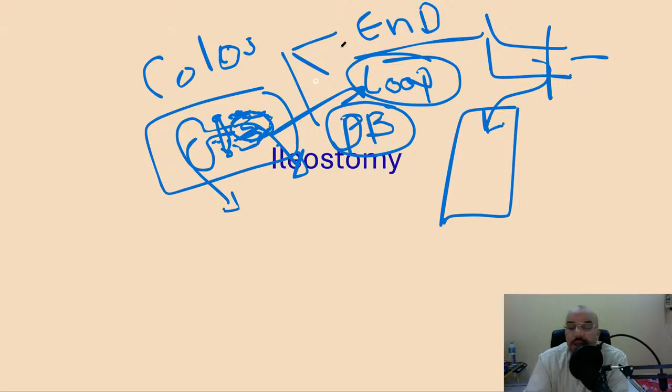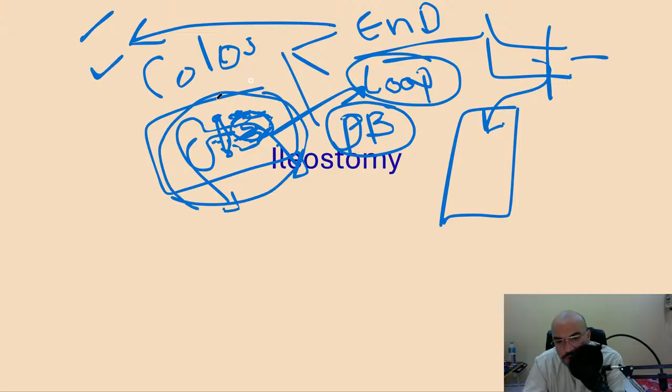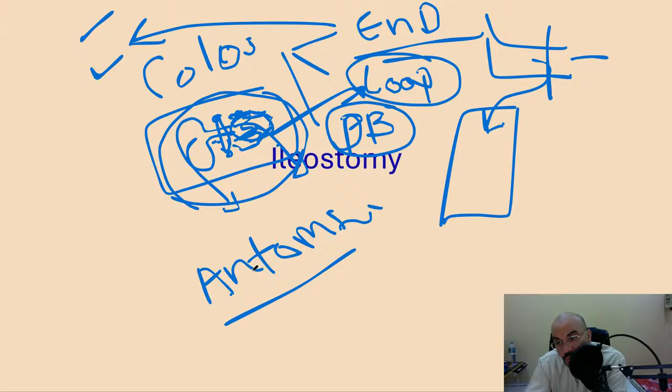The indication for this one is like the end colostomy. It can be temporary or permanent, but the majority of loop colostomies are temporary, and it depends on the conditions of the anastomosis that we discussed. So it is important to know the anastomosis, how it was done, and what the expected complications are.